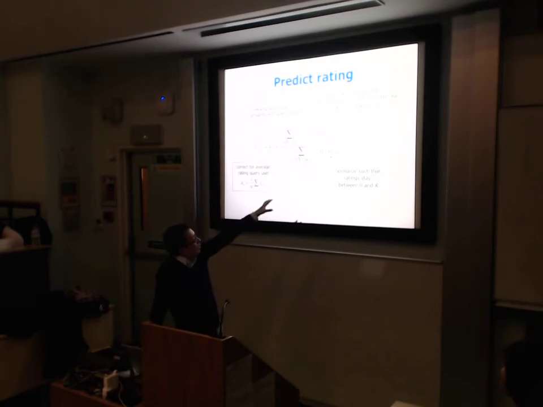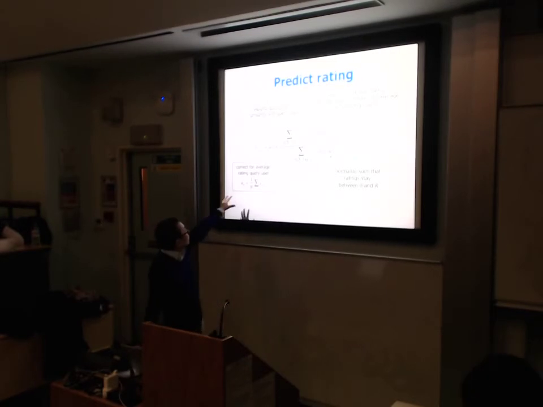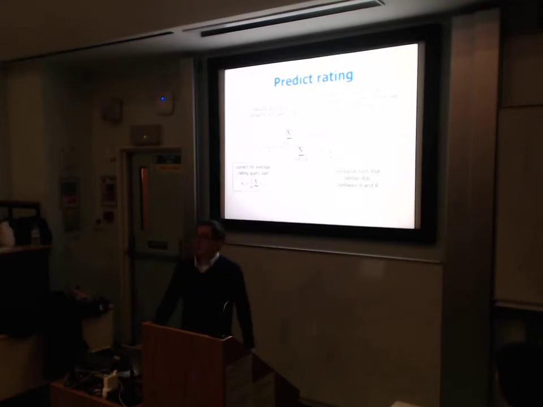The normalization is obviously there to make sure the rating stays between 0 and 5. And then you correct by the average rating for that query user, for the given user. And you're done. So that's it. This is a very simple formula.